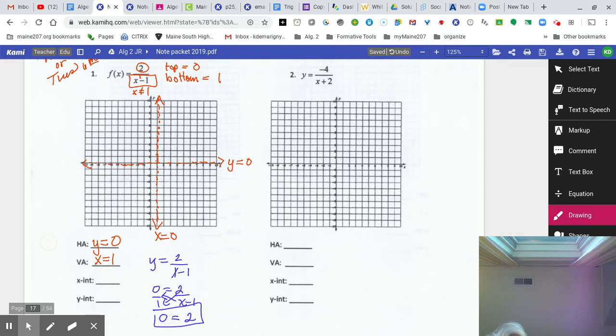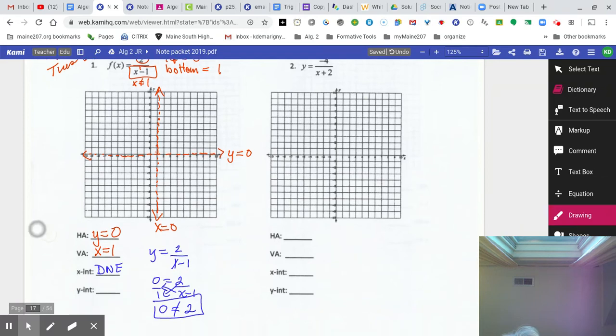And that is not true. Therefore, your x-intercept does not exist. So it's a DNE. Does not exist. Well, it doesn't make any sense that I would have one because my x-axis is an asymptote line, meaning you can't touch it.